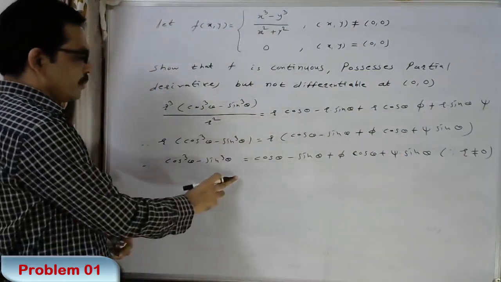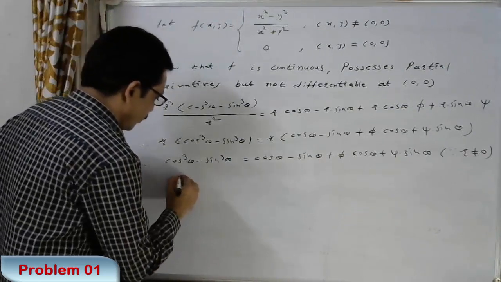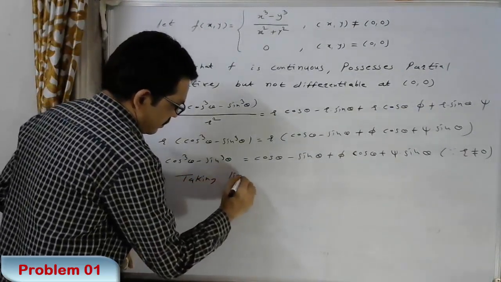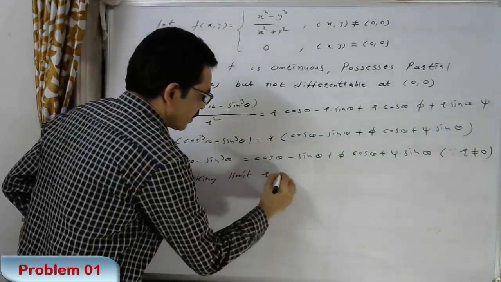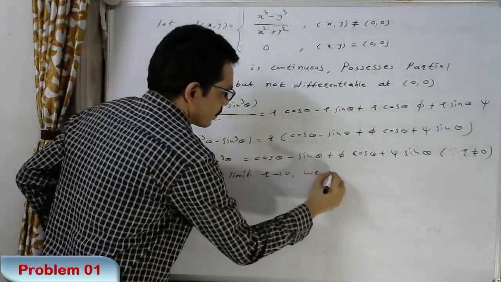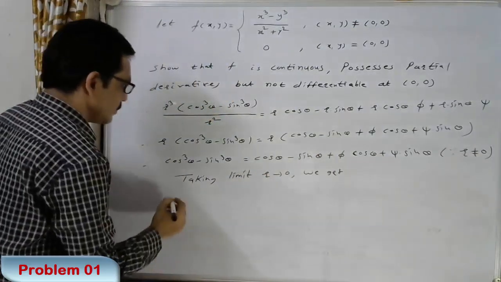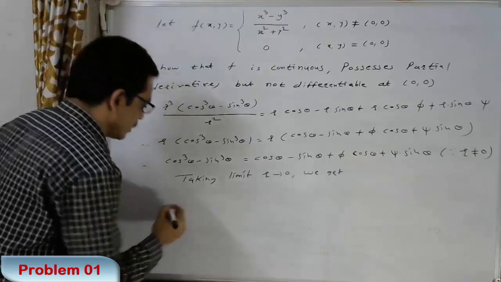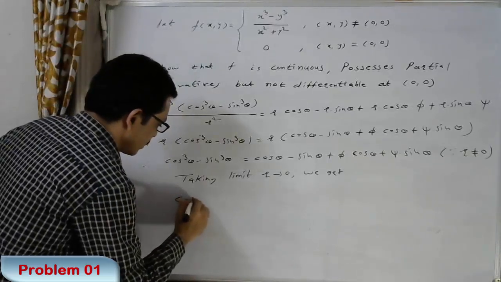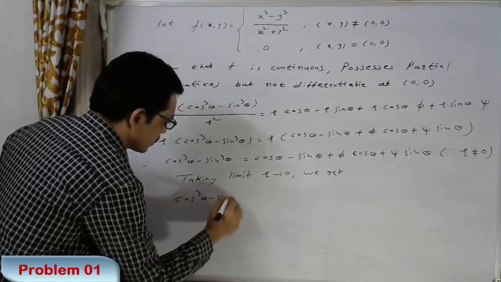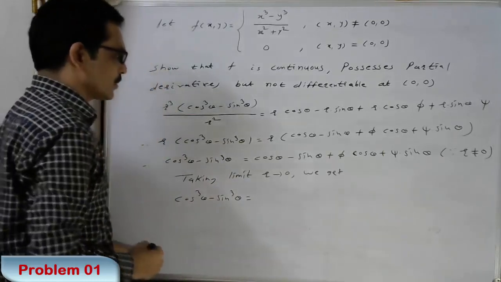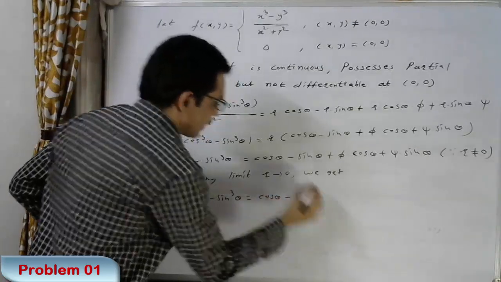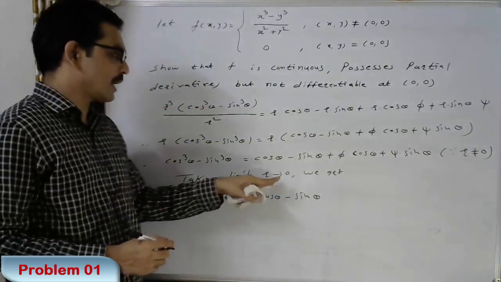Now, taking the limit r tends to 0, phi and psi tend to 0.